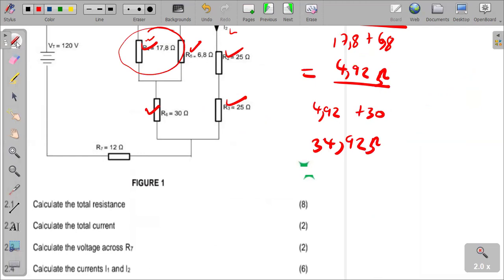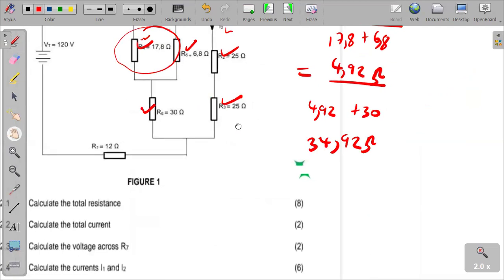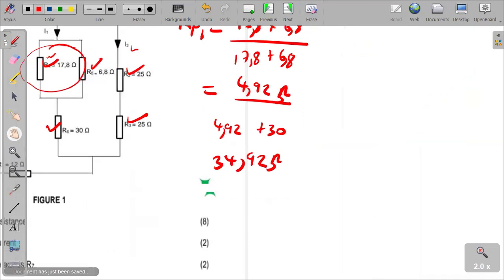Now, we have the 25 and the 25 ohm. How are they also connected? They are apparently also in series. How do we know that? Because they are experiencing the same current. The same current that will pass through the 25, the R2, shall be the same current that will pass through R3. So for that reason, they are in series. Let's add them as well. 25 plus 25, what do we get? 50 ohm.